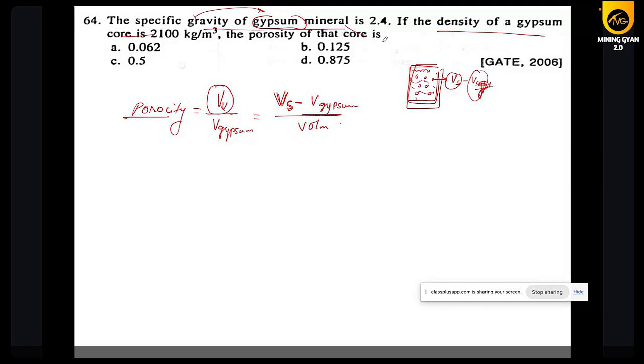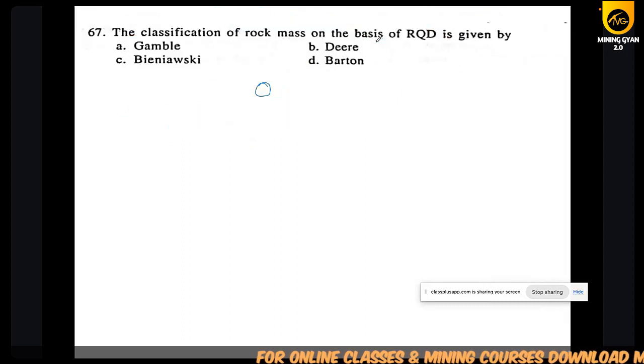We will find out the gypsum. Oh, leave this question because it is taking time. Either there is some mistake or I forgot something. So we will discuss it later. We will discuss these questions.